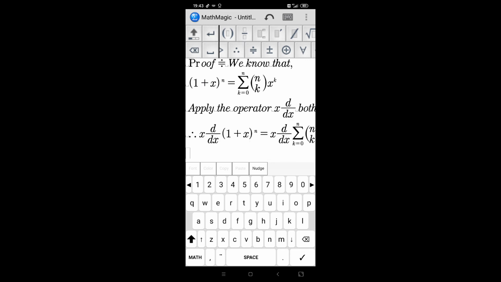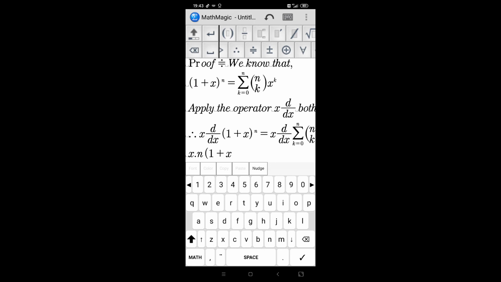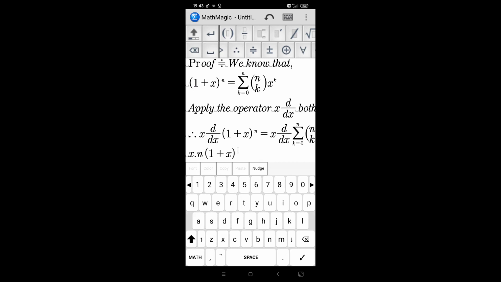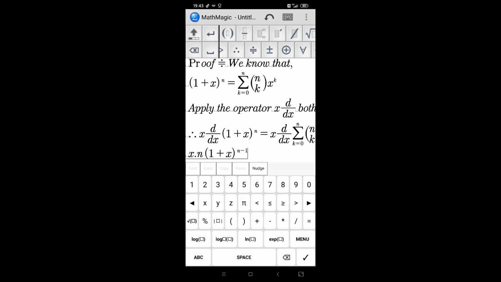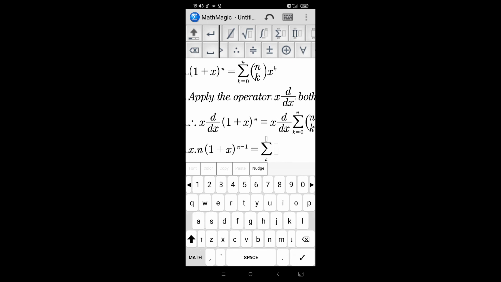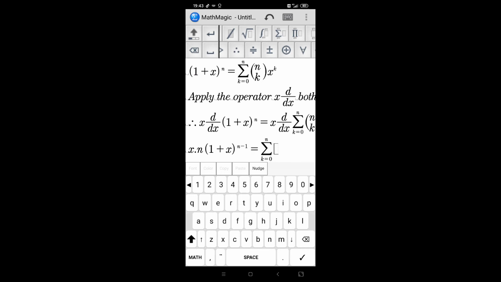Since we apply that operator x d by dx, the step will be different. We are going to differentiate now, right? x into the differentiation of (1 plus x) to the n is n into (1 plus x) to the power of n minus 1, and differentiation of 1 plus x is 1 for the x and 0 for the 1, using the chain rule. Since the sum and the combination are constant with respect to x, they will come out.